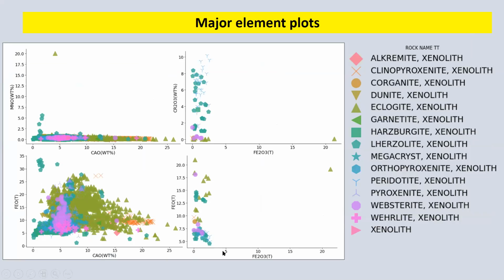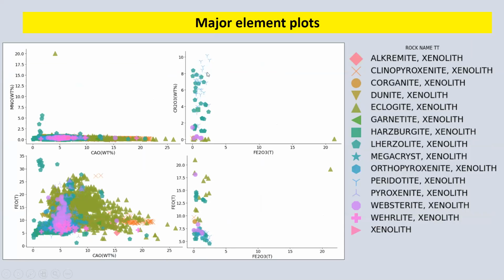As you can see here, in these plots the eclogitic xenoliths have a high calcium concentration. We have also seen it earlier. All these xenoliths are quite devoid of any ferric iron concentration, except a few, as we have also seen previously in those histograms. Chromium concentration is showing a wild variation.